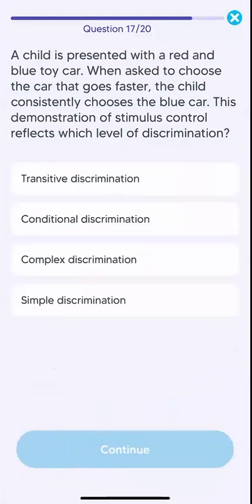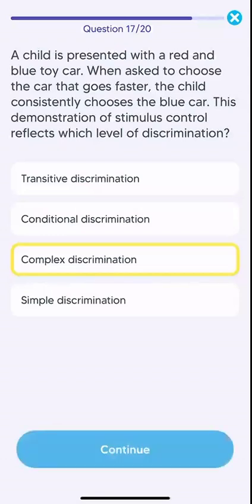A child is presented with a red and a blue toy car. When asked to choose the car that goes faster, the child consistently chose the blue car. This is a demonstration of stimulus control. Stimulus control reflects which level of discrimination? This is not simple, this is complex.